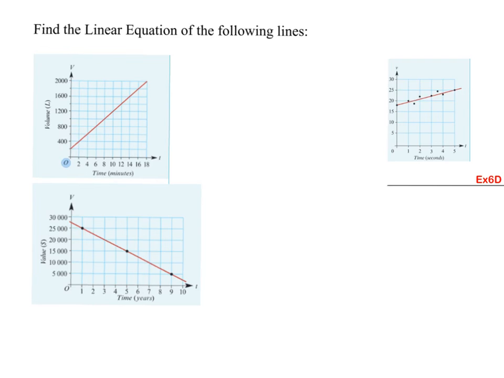Because sometimes next year, you'll have a graph with the dots again and a line, but the axis will start on 10, 20, 30. If it's like that, this is not the y-intercept, because it's not 0 there.